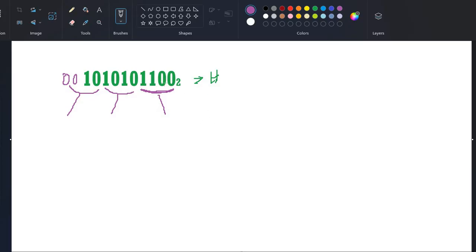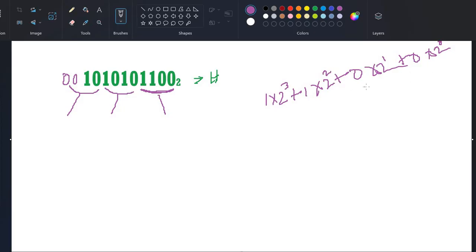Okay, so 1100 means how much? 1 into 2 plus 1 into 2 plus 0 into 2 plus 0 into 2. This is power 0, this is 1, this is 2, this is 3.